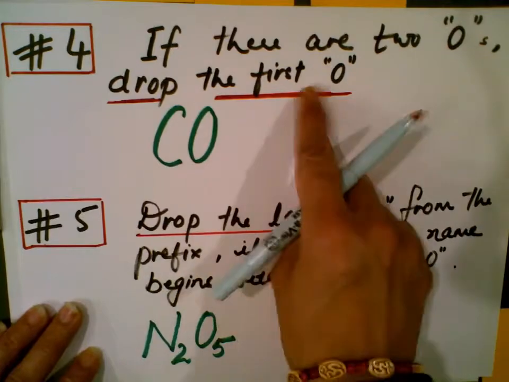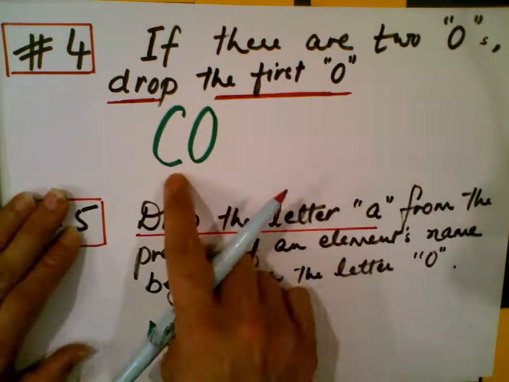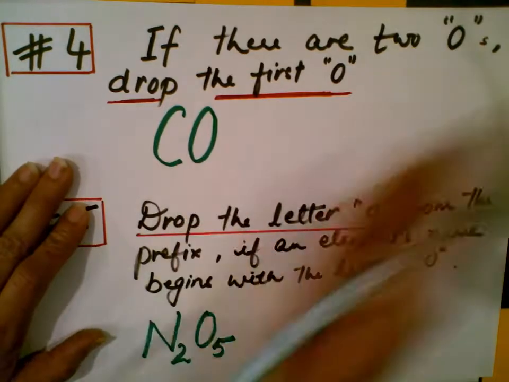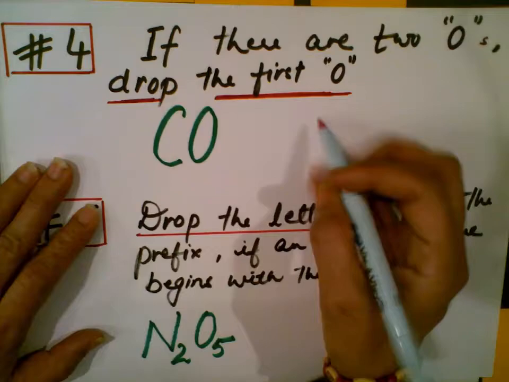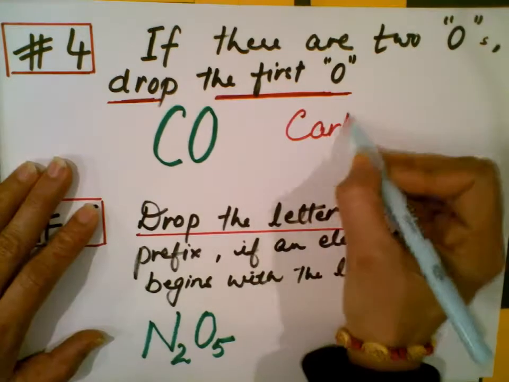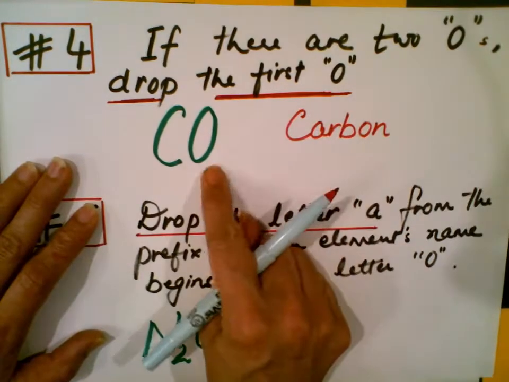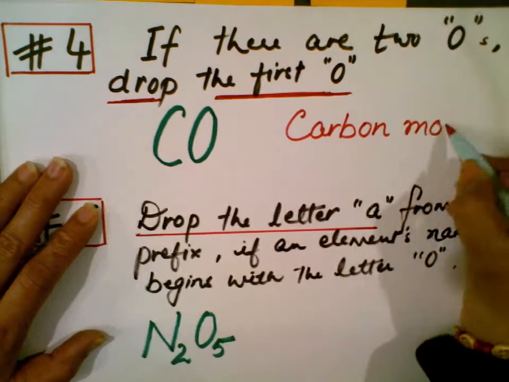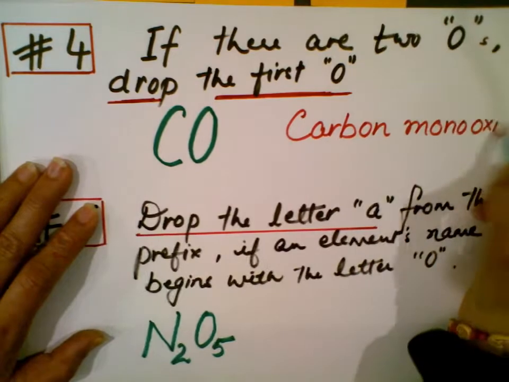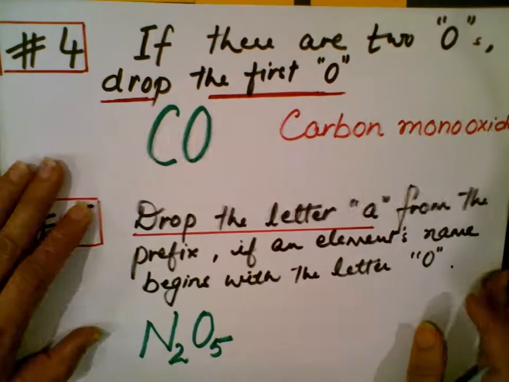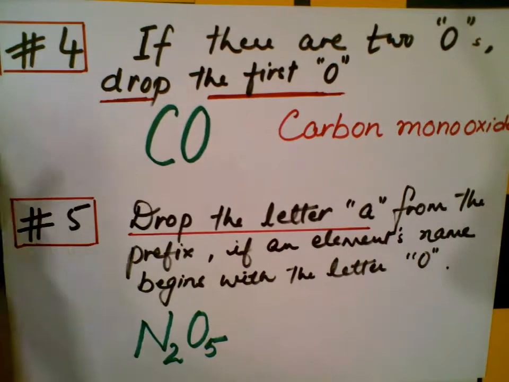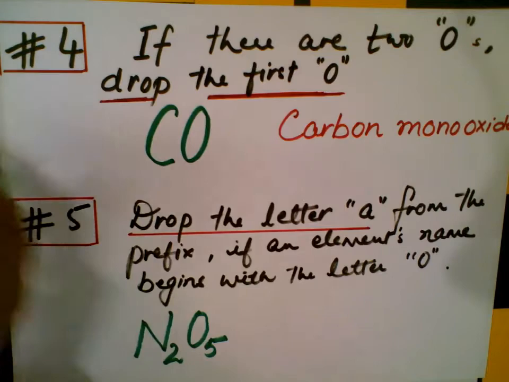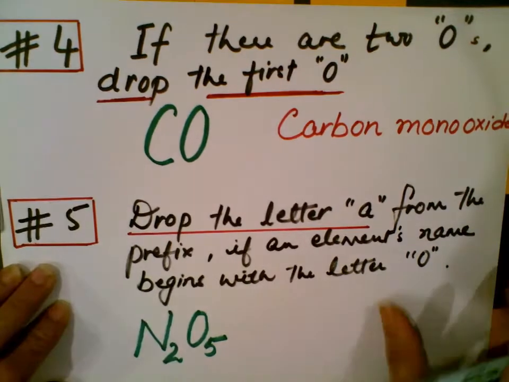Now rule number 4, if there are 2 O's, letter O, then you have to drop the first O, the first letter O. Here you have CO. Remember, we do not use mono for the first element, so we are going to say carbon, and the second element is 1, so mono. I'm going to write it like that, mono oxide.